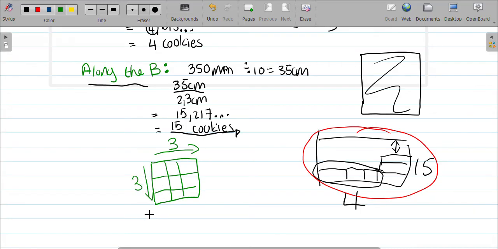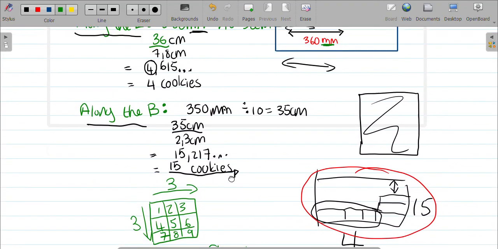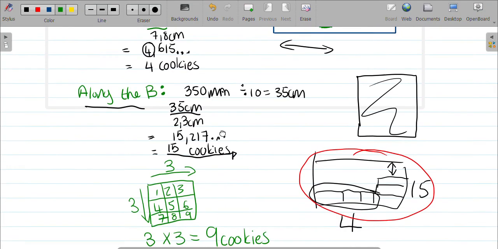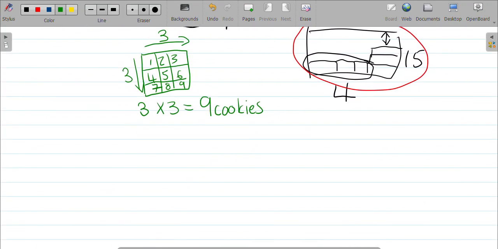And look at this magic. If I say 3, which goes along that way, times by 3 going along that way, it equals 9 cookies. And isn't that the total amount of cookies that we had in the cookie tray? So what does that mean? Look at this magic. So what that means is when we have the amount of cookies going along the length, which was 4, and along the breadth, which was 15, therefore we can just times those numbers together.